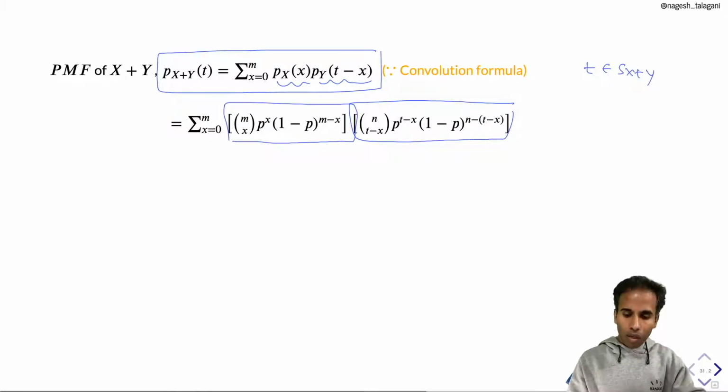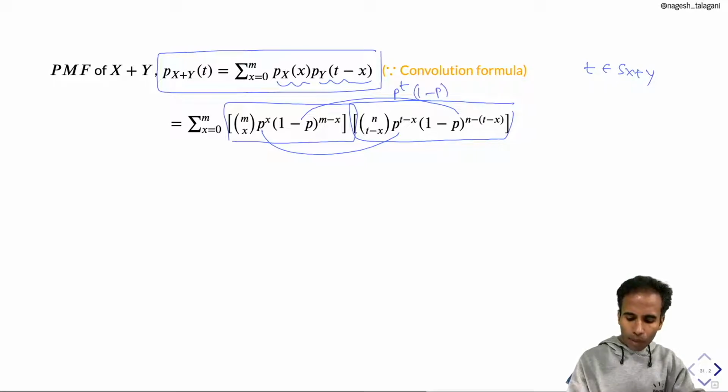Okay. Now in every term, p to the power x and p to the power t minus x get multiplied and simplified to p to the power t, and also (1 minus p) to the power m minus x and (1 minus p) to the power n minus (t minus x) get multiplied and simplified to (1 minus p) to the power m plus n minus t.